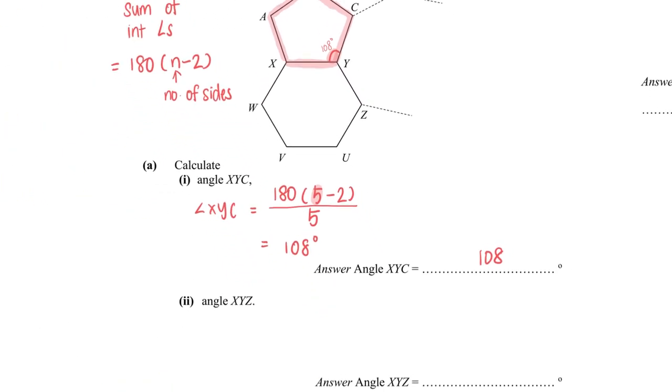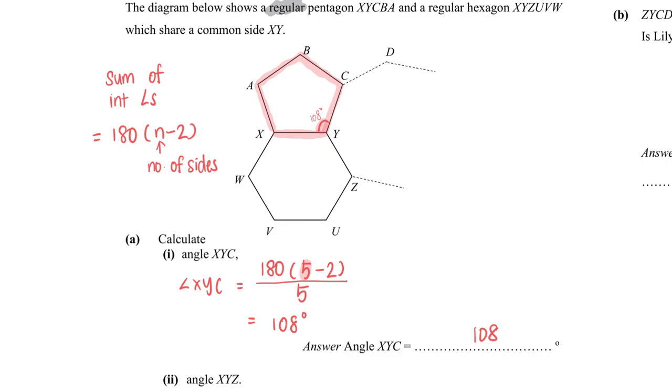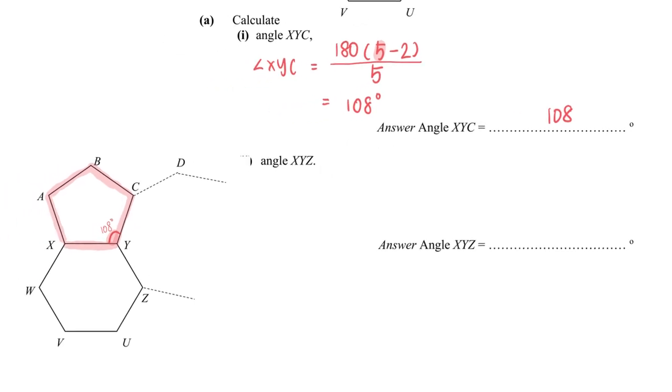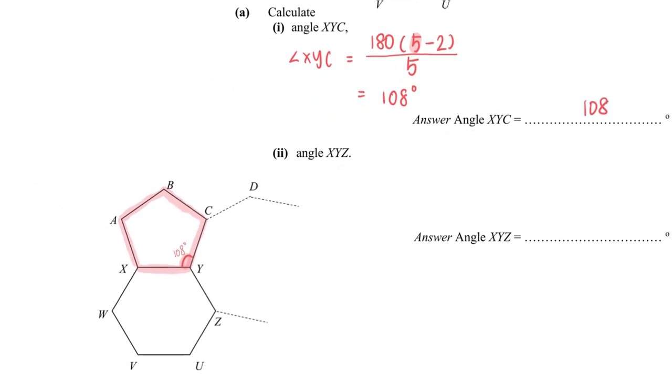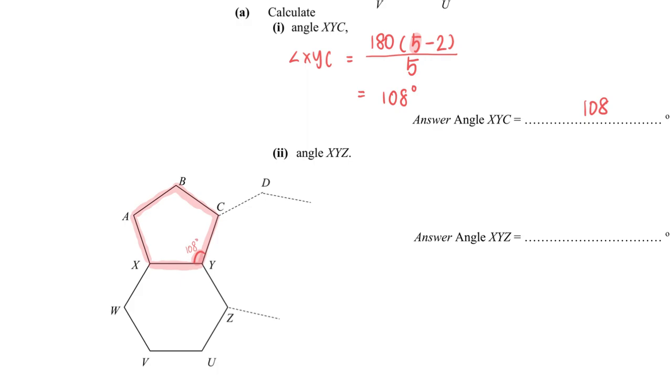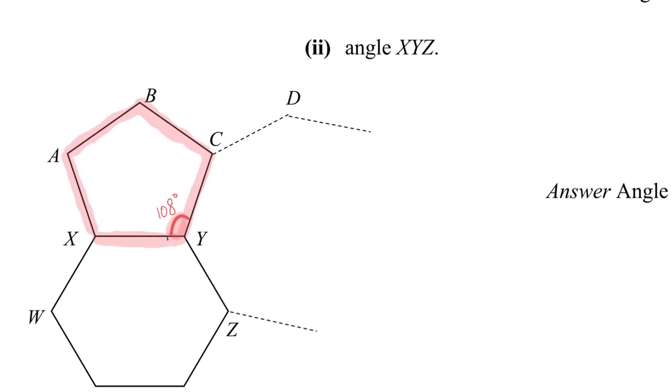Next question, XYZ. So I'm going to just replicate this and put it below so that it's easier for us to see. So for XYZ, I'm going to repeat the same thing, just that now this happens to be the interior angle, no longer of a pentagon. 1, 2, 3, 4, 5, 6.